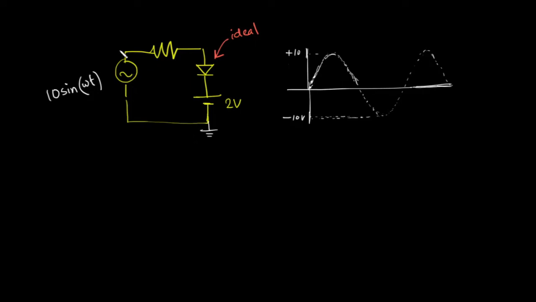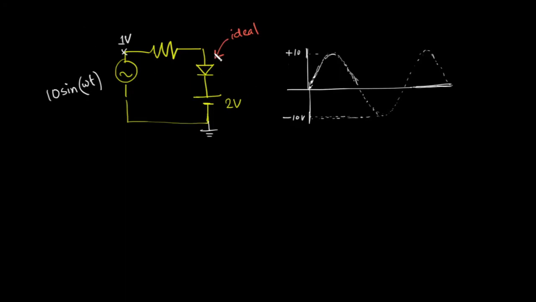So when the voltage of this point, the sinusoidal voltage, is 1 volt, in such a case, is this diode on or off? Can you think about that? Whether the diode that I drew in this circuit is in the on condition or in the off condition.